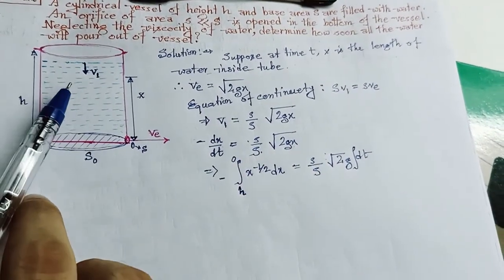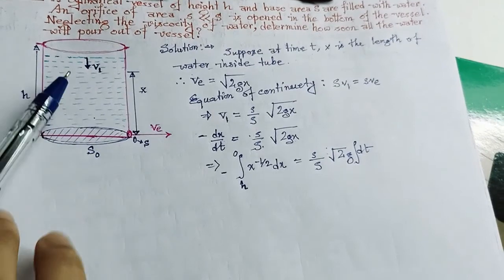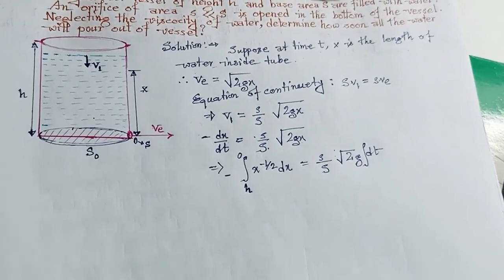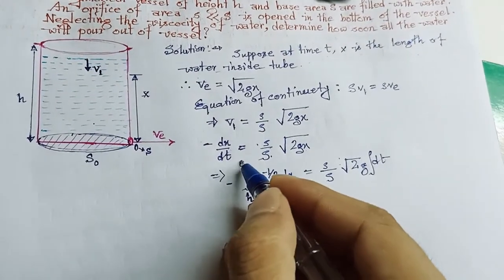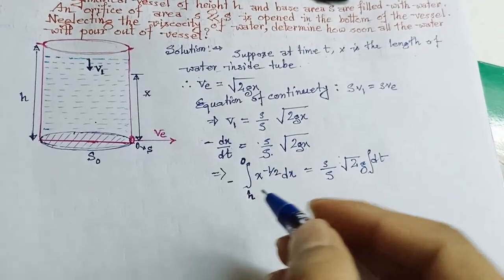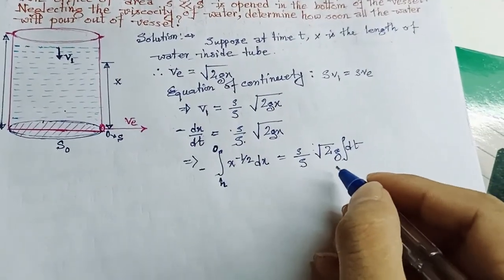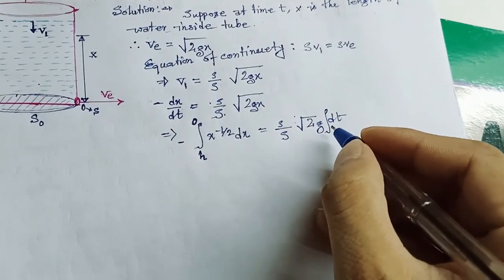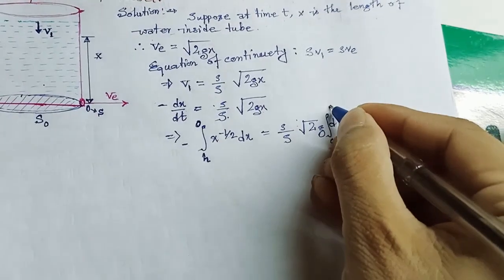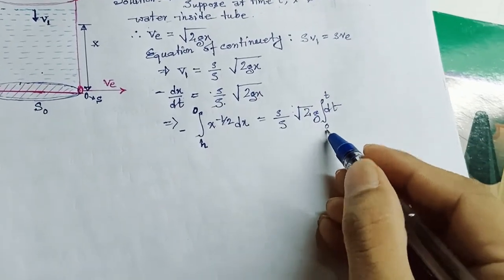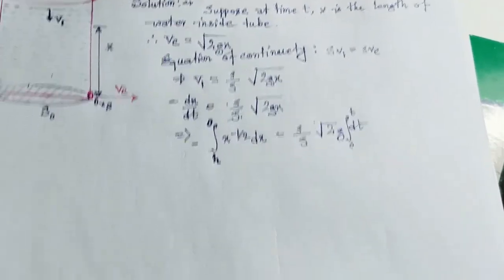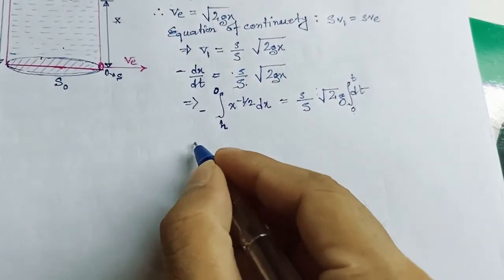At the final moment, all the fluid from the cylinder is discharged, so our final height will be 0. Now our right hand side limit will be from 0 to t, because it starts from time 0 and ends at time t.